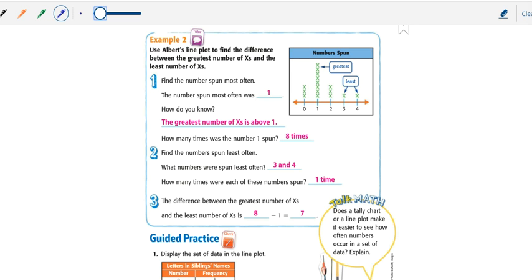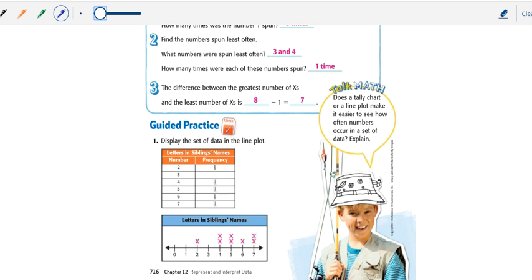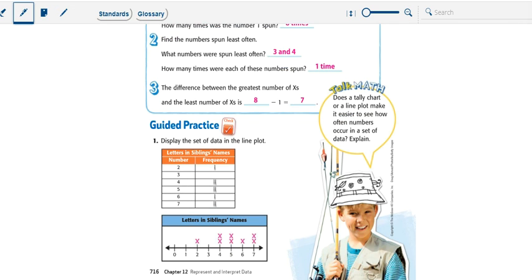Only one time, okay? The difference between the greatest number of x's and the least number of x's is 8. Why 8? Because there are 8 x's over the number 1. 8 minus 1, which is only 1 over the least, only 1 x, equals 7. Okay? Now, let's do guided practice together.